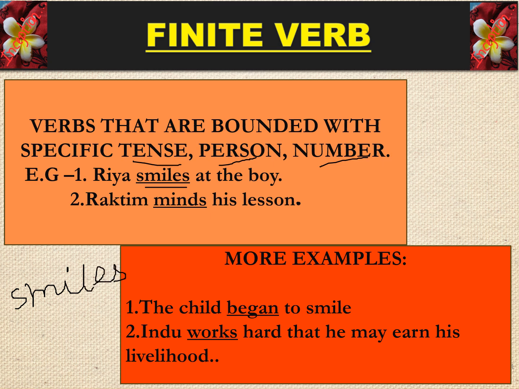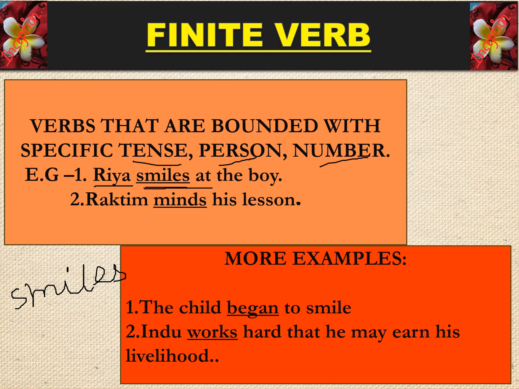If you remember, I mentioned it in the previous video, the third person singular number rule. What was the rule? In the present tense, if we are telling any sentence in the present tense, and if the subject is in third person singular number, then we add s or es to the main verb.